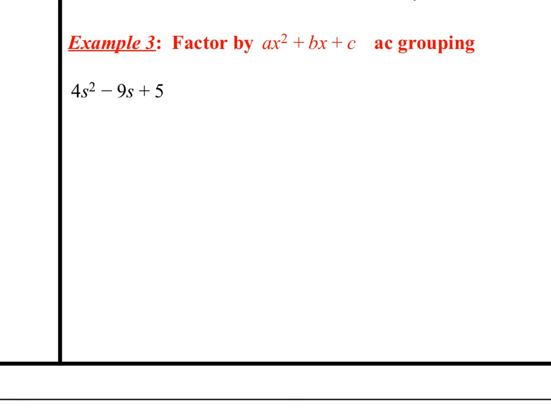First thing, multiply a times c. You've got a, b, and c. So you're multiplying 4 and 5. A times c is 20.